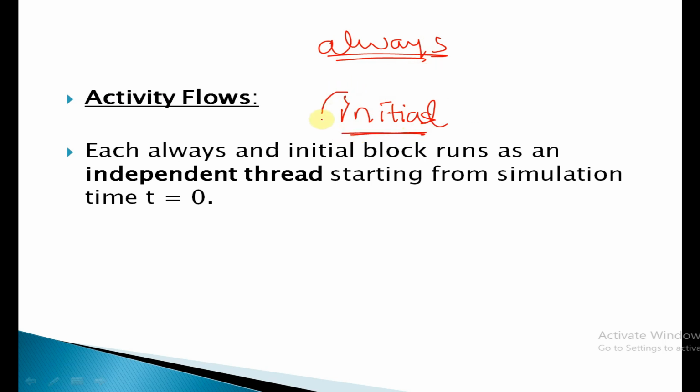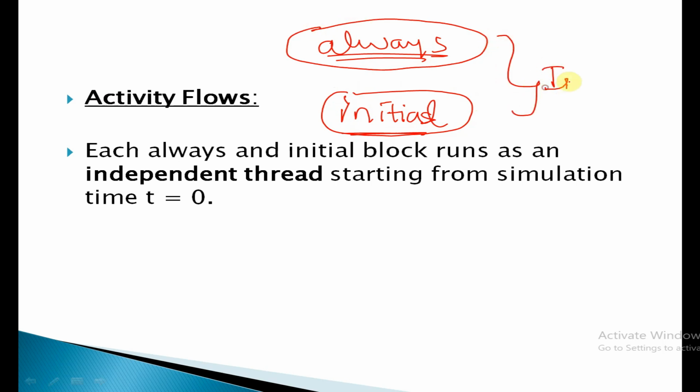There is no dependency between this initial block and this always block. These two are independent of each other, so they will run parallelly.